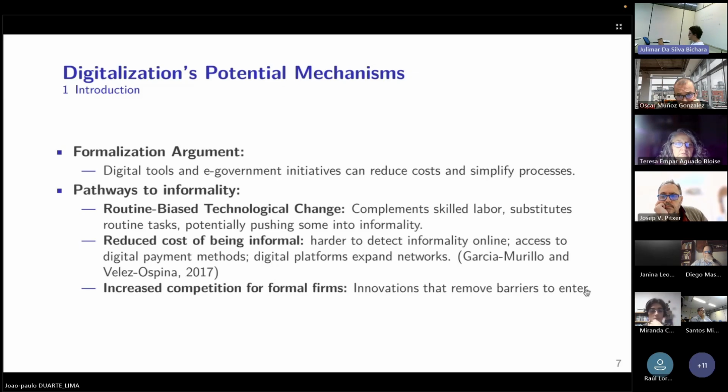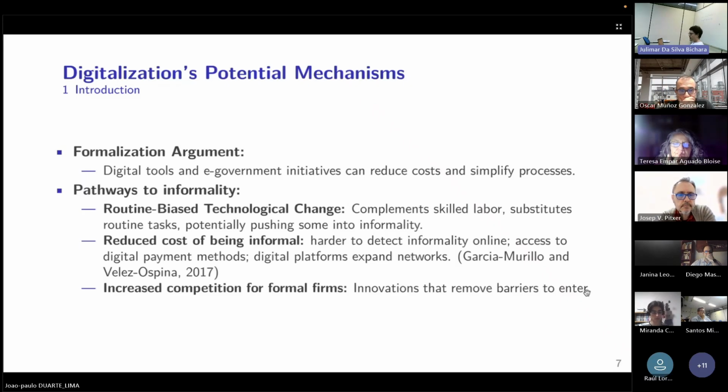It's harder to detect informality online. There's a hypothesis that the internet and digital tools will act exactly on the main constraint of the informal sector, which is growing without raising its size. So you can grow without being detected.